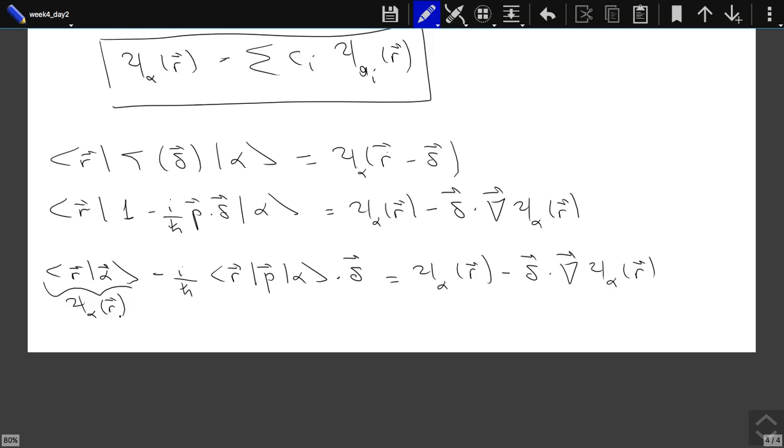So that term cancels on the left-hand side and on the right-hand side. And for the remaining equality to hold, whatever the value of delta is, I should have minus i over h bar <r|p|alpha> equal to minus the gradient of psi alpha of r.